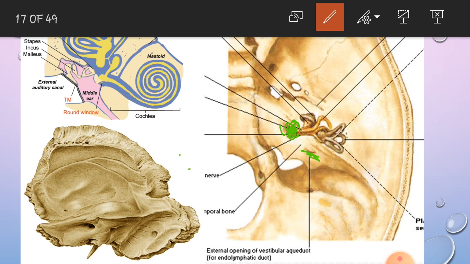Now, this is the temporal bone. This is petrous temporal bone, internal acoustic meatus, opening of the vestibular aqueduct.